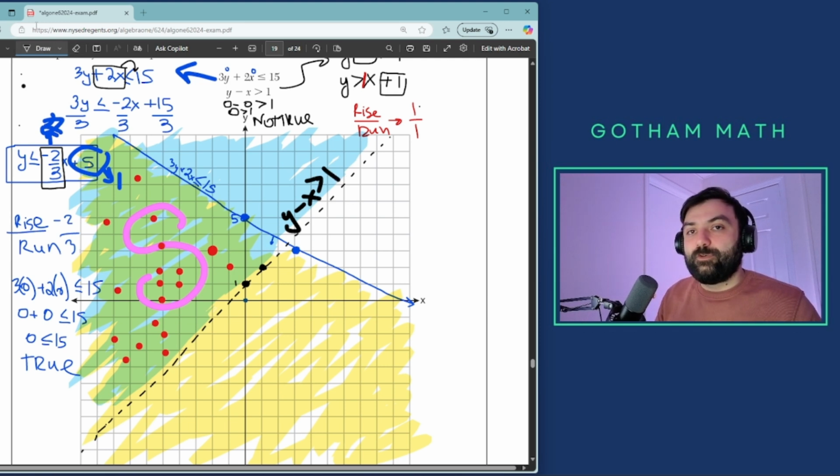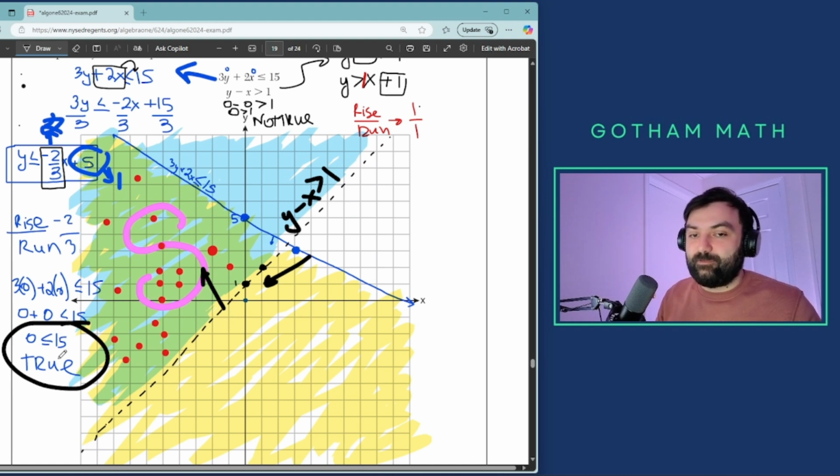So once you have done connecting the line, shading starts. Plug in 0, 0 for your inequality and see if the result is true or not true. If it's true, shade towards 0, 0. Towards means literally that way. If it's not true, shade away from 0, 0. So you're gonna have to see, but it's easy.